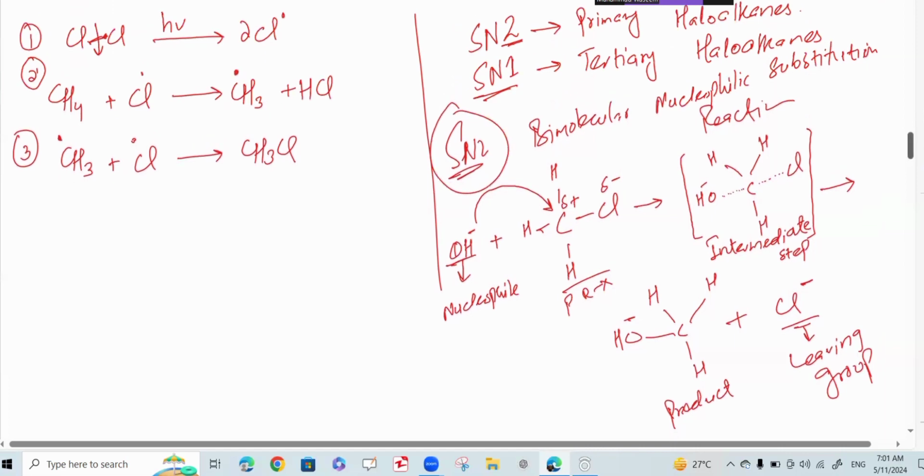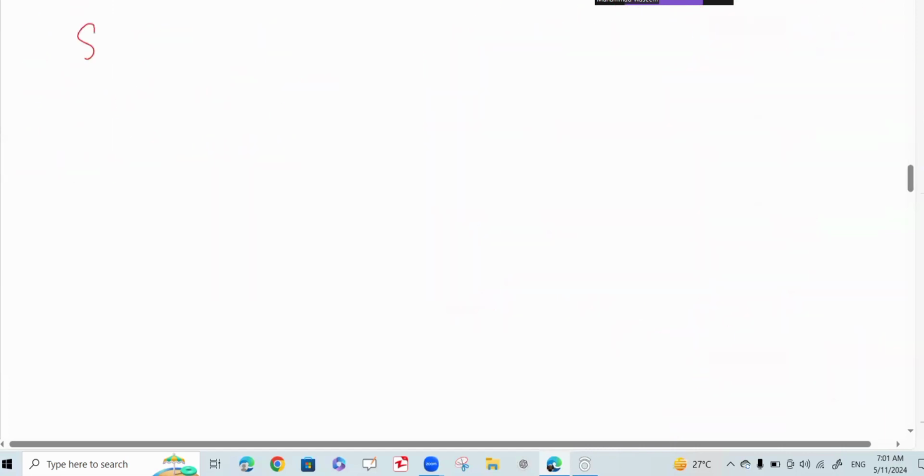But what do we study in the SN1 reaction? This is a unimolecular substitution reaction. In SN1, there is a tertiary haloalkane. For example, the carbon which is attached to the halogen. Let me name it here with a specific name, we can call it chlorine, bromine, iodine, any.